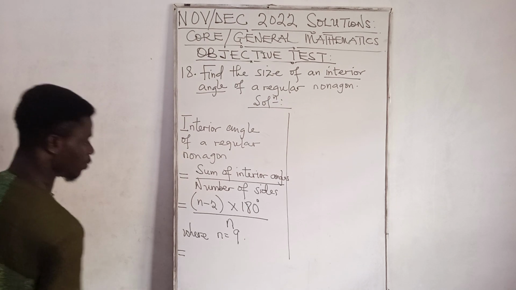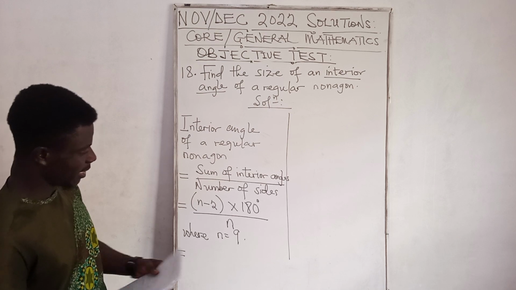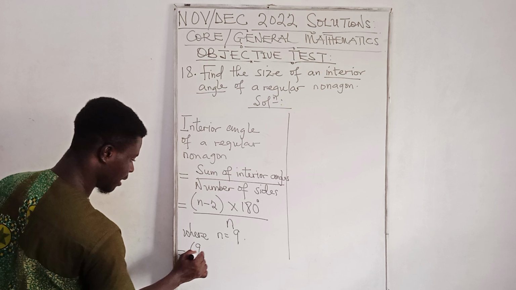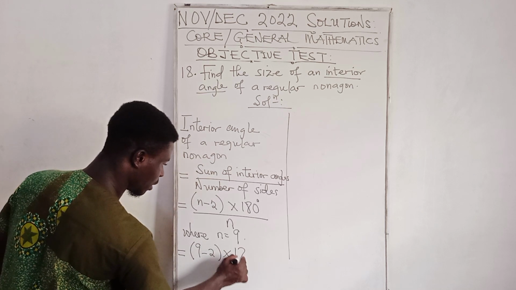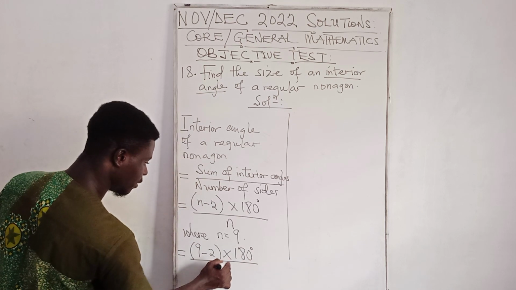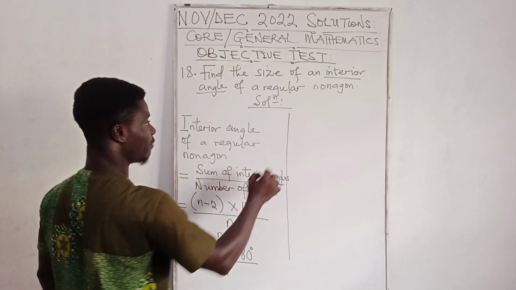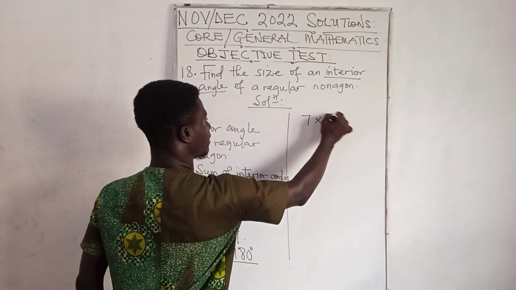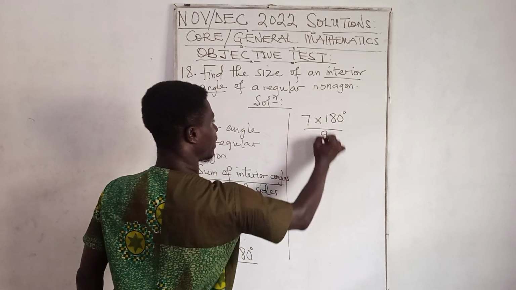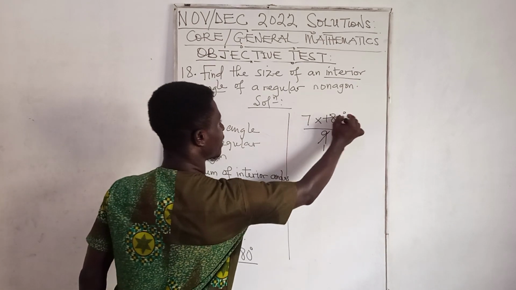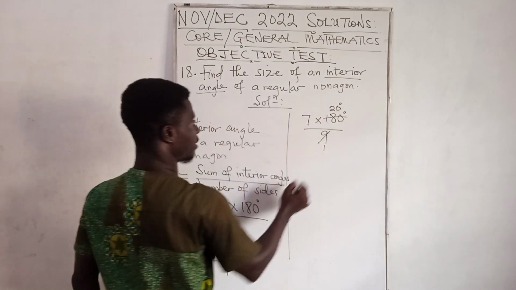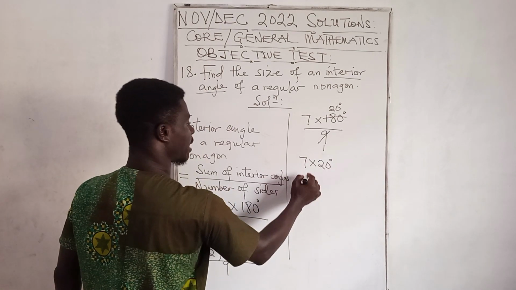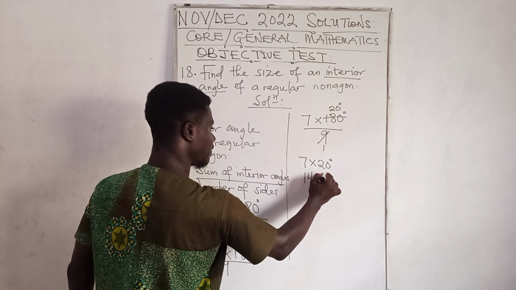So now I can proceed that wherever I see n, I substitute in 9. So I have 9 minus 2 times 180 degrees, all divided by 9. So 9 minus 2, we obtain 7 times 180 degrees, all divided by 9. 9 into 9 is 1, then 1 into 180, we have 20 degrees. So we have 7 times 20 degrees, then 7 times 2, we get 14, then plus 0.